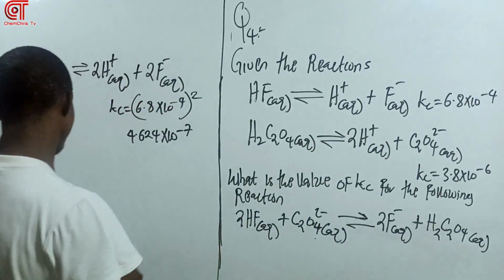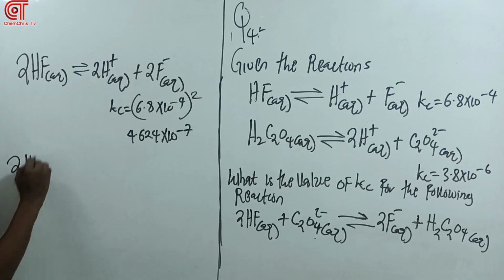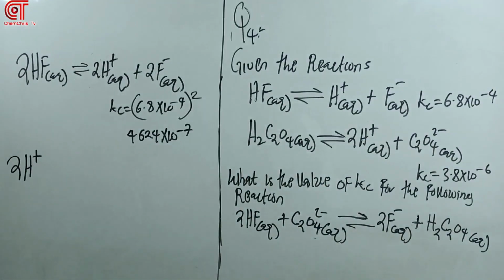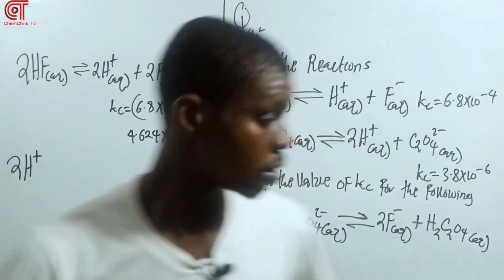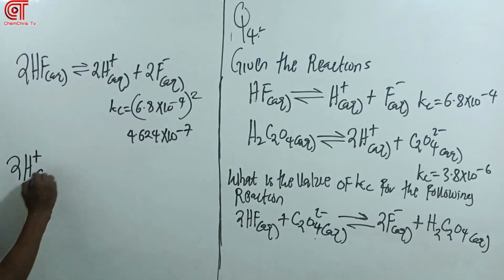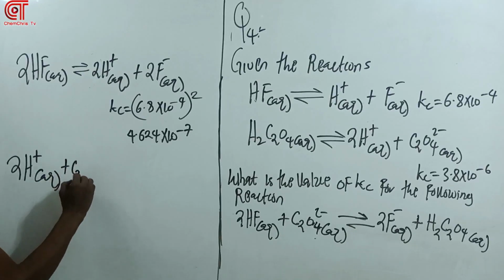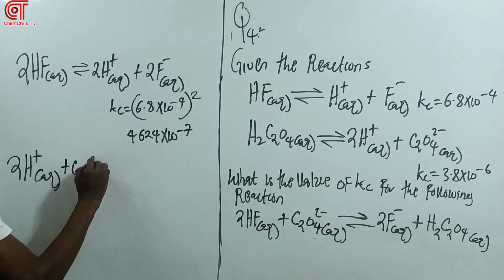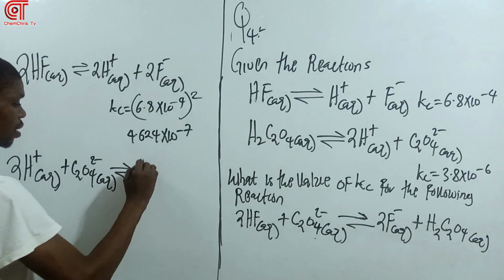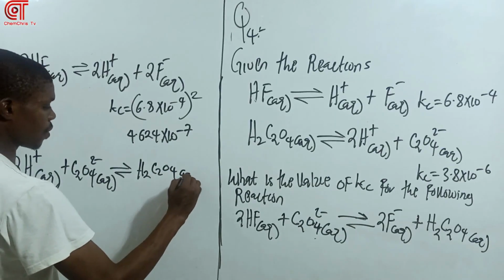If I reverse the reaction, here I have 2H plus aqueous plus C2O4 2 minus aqueous, then here I have H2C2O4 aqueous.